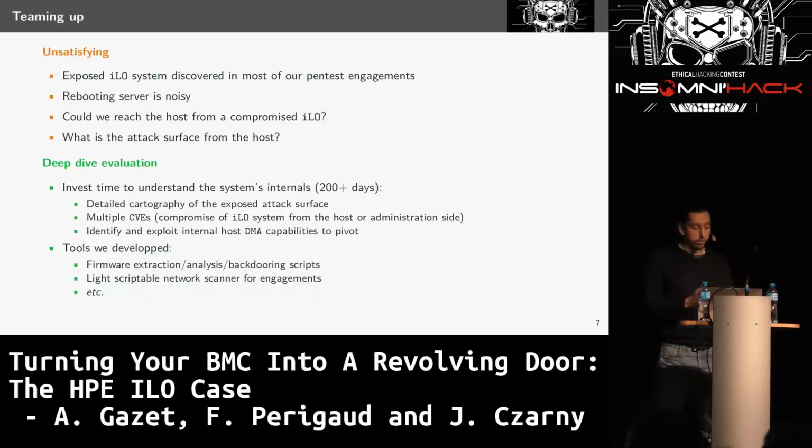We found many vulnerabilities that we will talk about during this presentation, and something important, we identified a new exploitation technique using DMA access from the iLO system to attack the host system and the other way around. Of course, we had to develop some tooling to be able to manipulate firmware, understand them, and reverse engineer them.